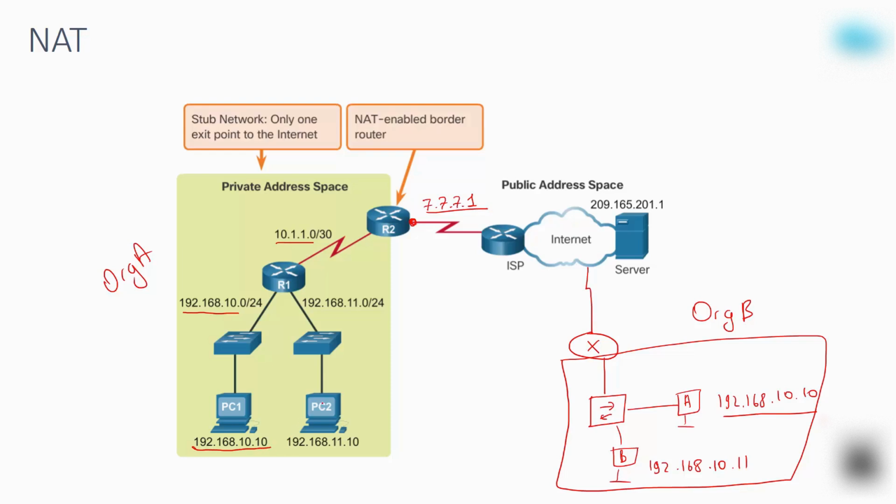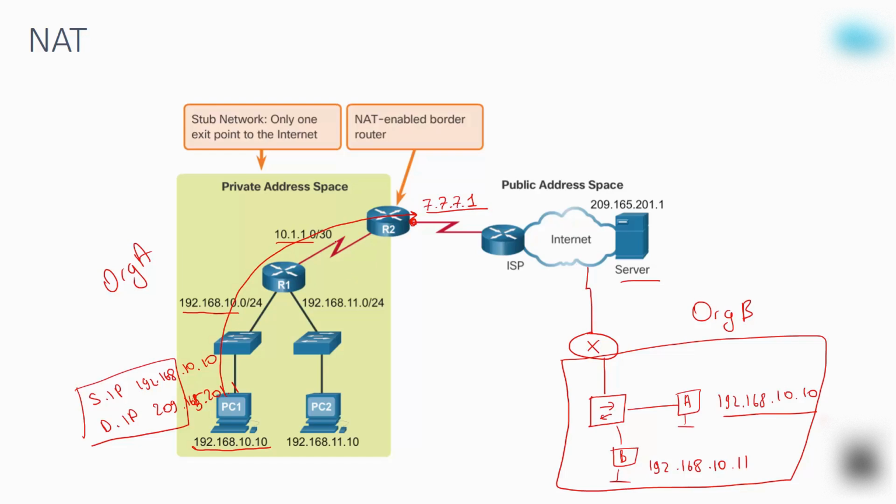But when these computers try to communicate, for example when PC1 tries to communicate with the internet area, when it exits, its source IP address will be changed. We have a packet with the source IP address 192.168.10.10 and a destination IP address, for example, of the server, 209.165.165.201. So PC A wants to contact the server.